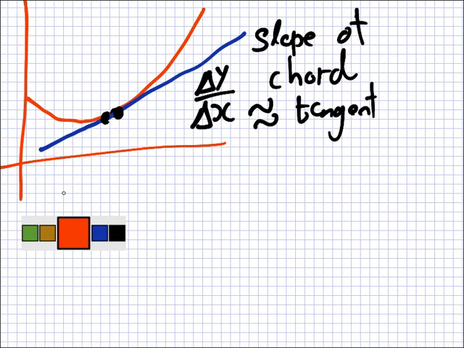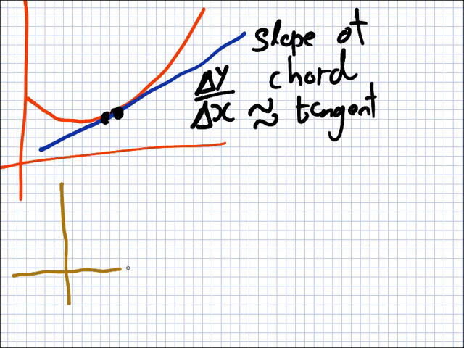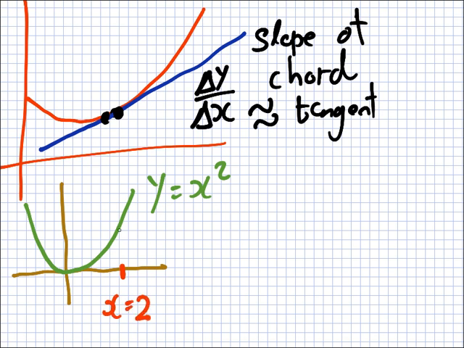Let's take an example. Let's do our first example. Let's take something not too difficult. Let's say I have y equals x squared. And I would like the chord, which is nearly like the tangent, at the point, let's choose 2. So I want to draw a tangent here. Can I draw a tangent perfectly? No, I'll draw a chord.